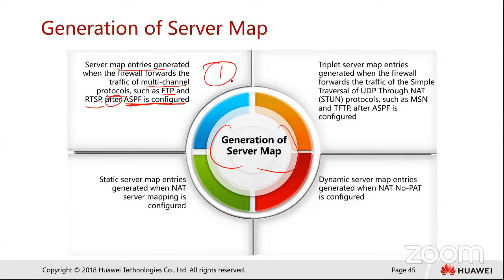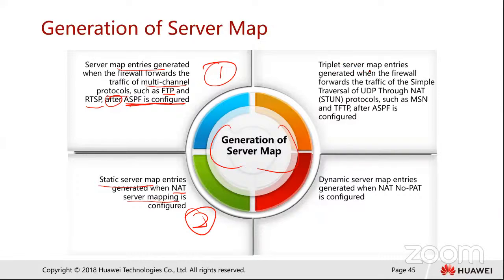That is one way. The second way is static server map entries can be generated when NAT server mapping is configured. So when you configure NAT server mapping on your firewall, then we generate static server map entries.